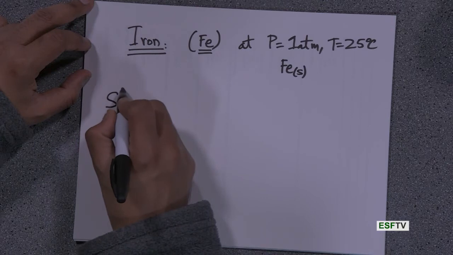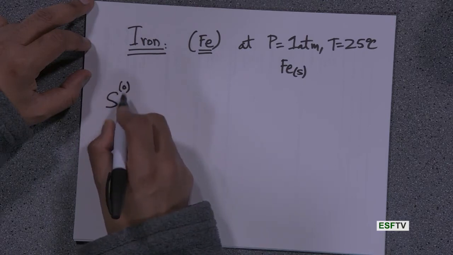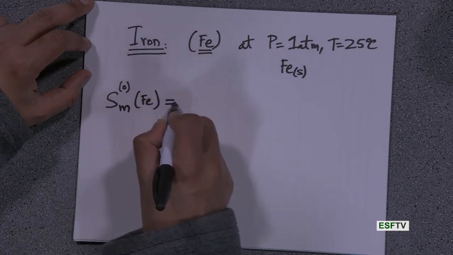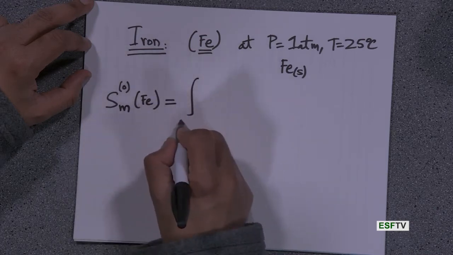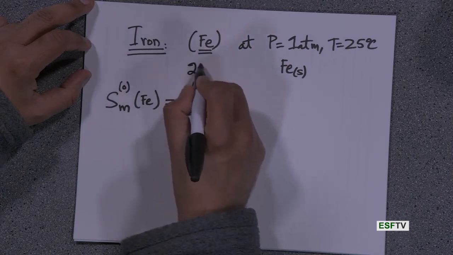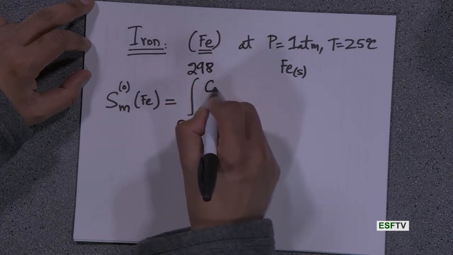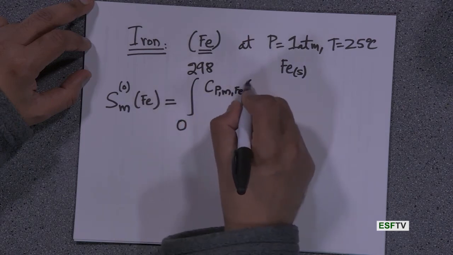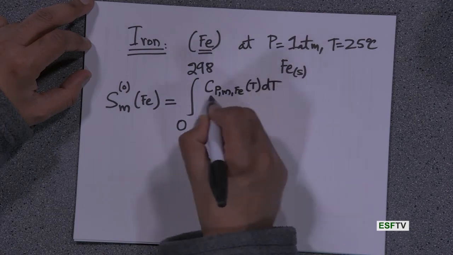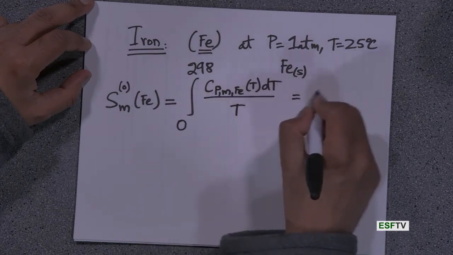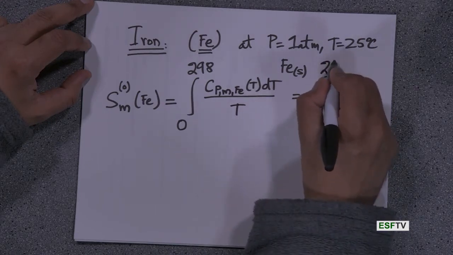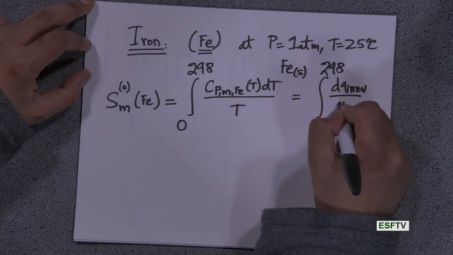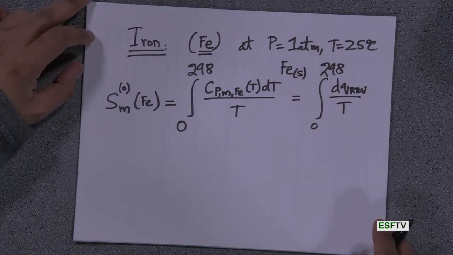So let's say we are interested in calculating the absolute value of the standard state molar entropy of iron. What would that be? This would be the integral from 0 Kelvin to 298 Kelvin of the heat capacity Cp per mole for iron in the solid phase as a function of temperature, dT over T, because that's the integral from 0 to 298 Kelvin of dq reversible over T for the block of 1 mole of iron.